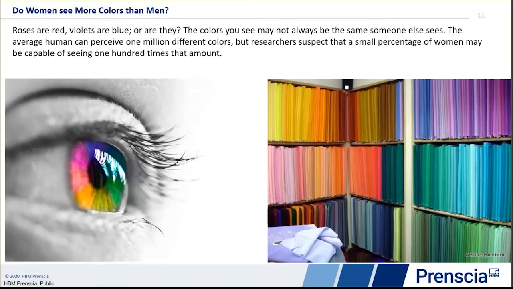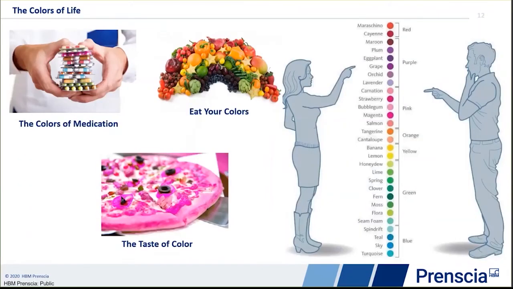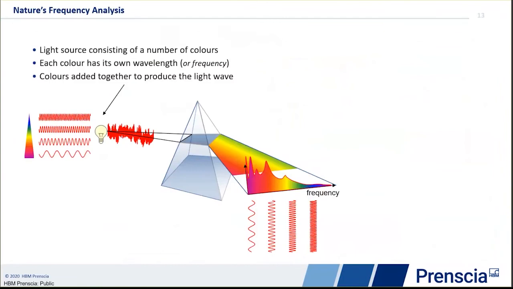Why we see colors is an indication of the natural way of frequency analysis. All over the world our life is related to colors. So nature's frequency analysis: when white light passes through a prism, you can see different colors. These colors are separated based on wavelength, basically the frequencies. Wavelength and frequency are connected mathematically.